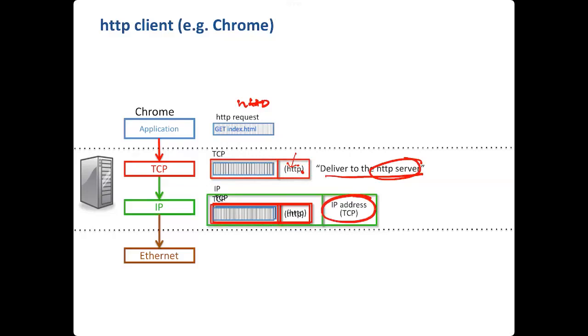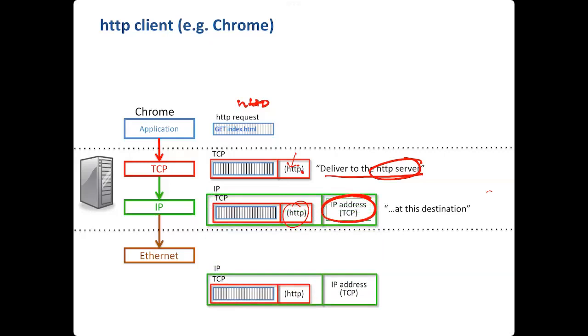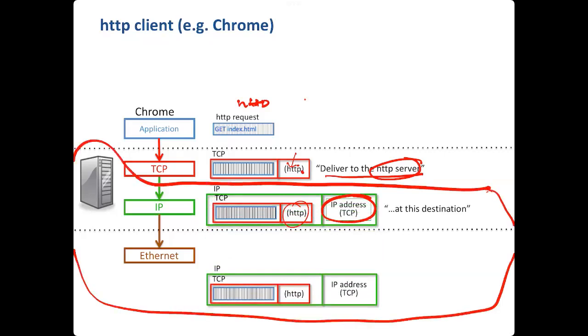Now it will have a header which will say deliver it to some destination IP address, and this header here will say deliver it to a particular port or application. Note that this IP level communication will happen all throughout the network. Only these two things, TCP or UDP, will happen only at endpoints, right?